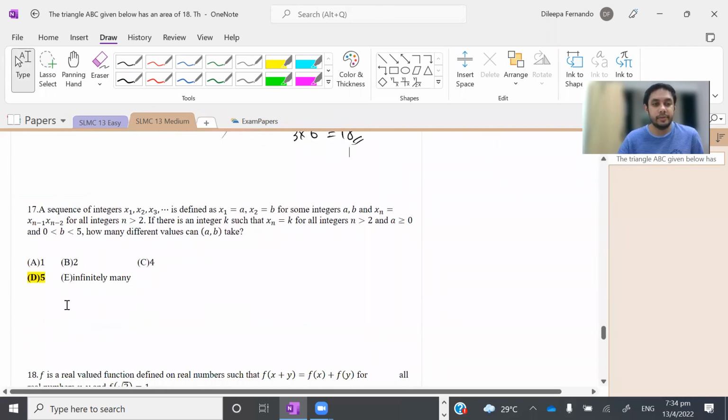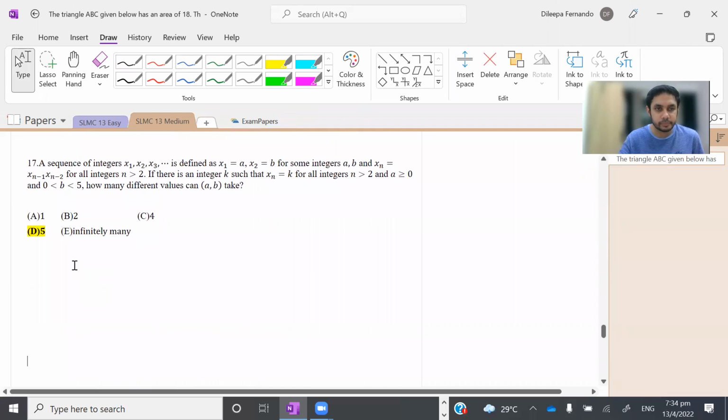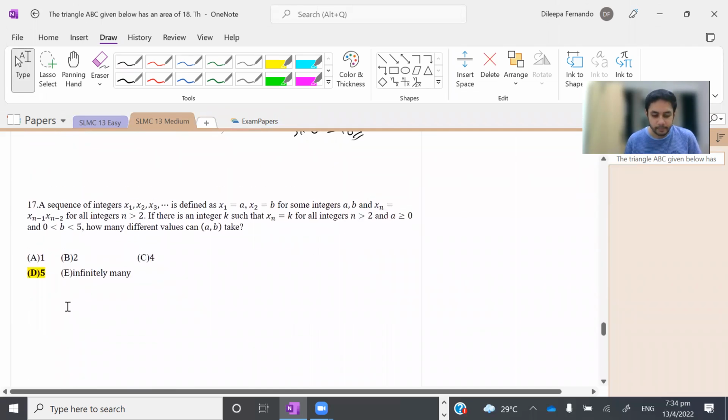Let's go quickly for question 17. A sequence of integers defined as x1 equals a, x2 equals b, for some integers.